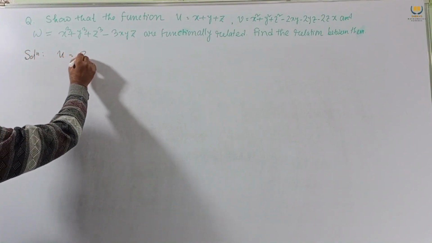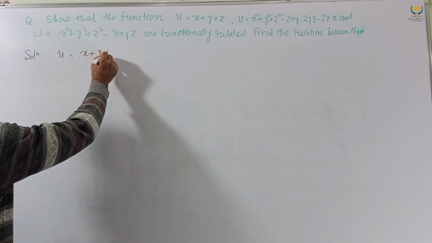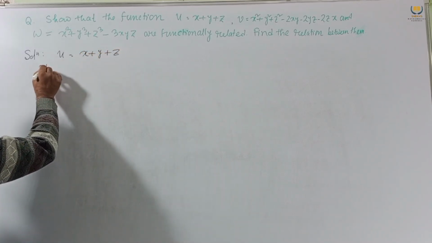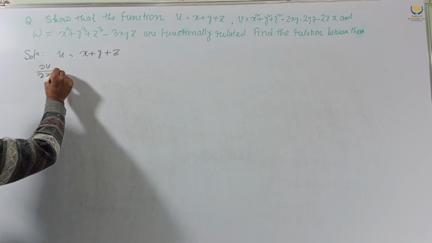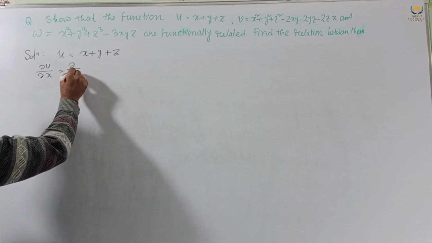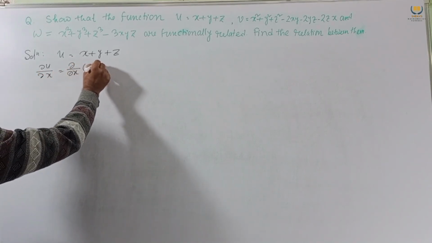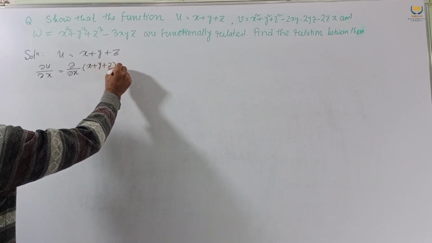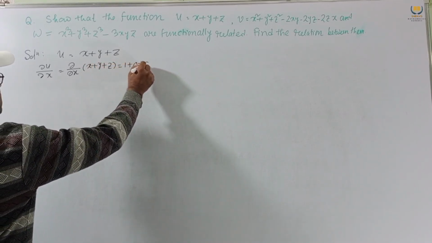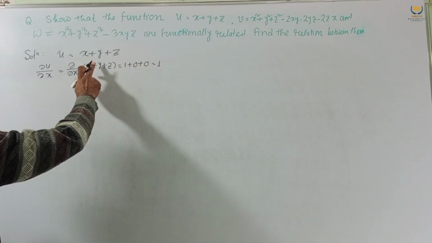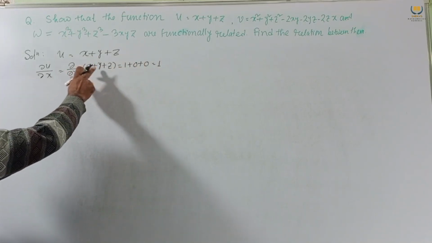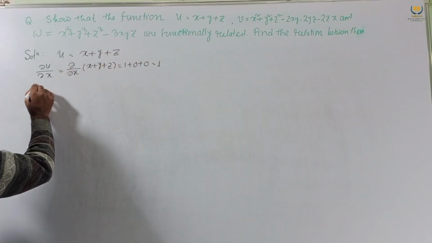u equal to x plus y plus z. Del u del x of x plus y plus z is 1 plus 0 plus 0, this is 1. We differentiate partially with respect to x, y and z constant is 0.